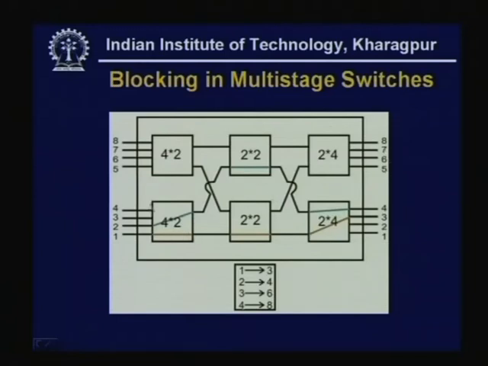The reason is, from this switch there is no other path available at this moment for connecting 3 and 4 to 6 and 8, because from this crossbar switch there are two outputs, both of which are now engaged for linking 1 to 3 and 2 to 4. No other path is available. So, it leads to blocking. Whenever we are using multi-stage switches, it essentially becomes blocking, although it reduces the number of cross points.